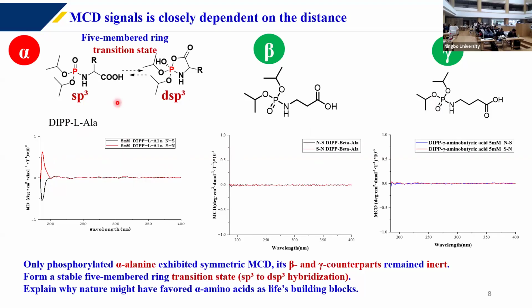The secret may lie in that alpha amino acid can form a 5-membered ring transition state. The hybridization of phosphate changes from sp3 to dsp3. I think this discovery may explain why nature might have favored alpha amino acid as a building block.